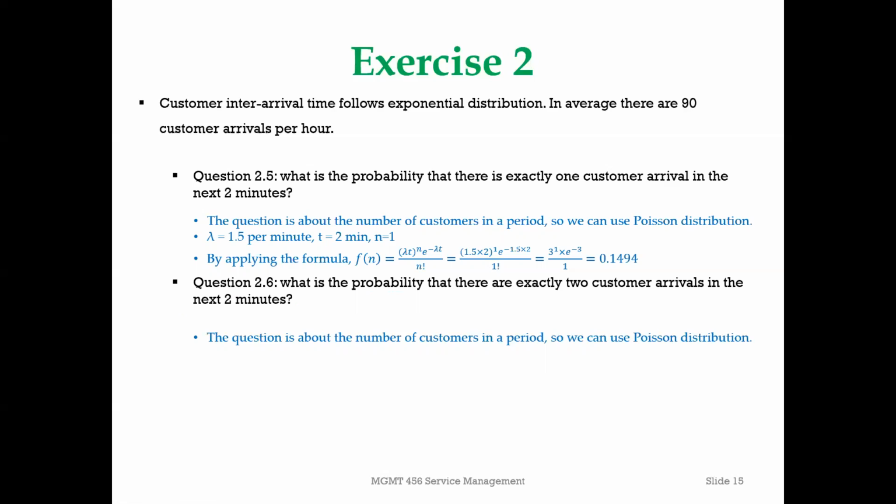Lambda is 1.5 per minute, t is 2 minutes, n is 2. By applying the formula, we plug in all the numbers, we do the math, and it's about 0.2240. In other words, there is roughly a 22% chance you will see exactly 2 customer arrivals in the next 2 minutes.